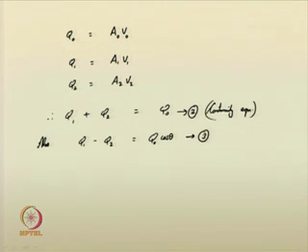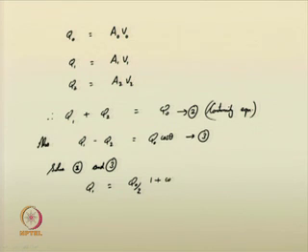Let me give this as equation number 3. So, solve equation number 2 and 3, we will get q 1 is equal to q 0 by 2 into 1 plus cos theta, and q 2 is equal to q 0 by 2 into 1 minus cos theta.